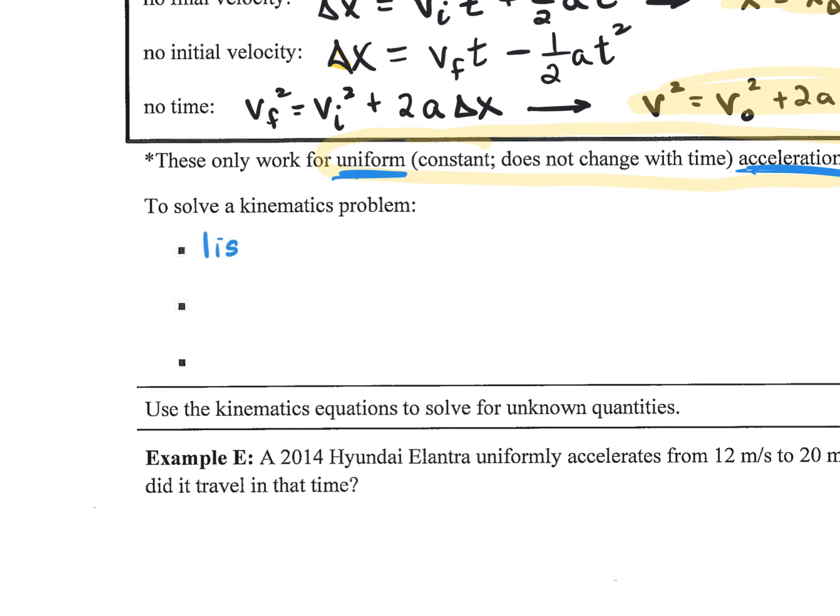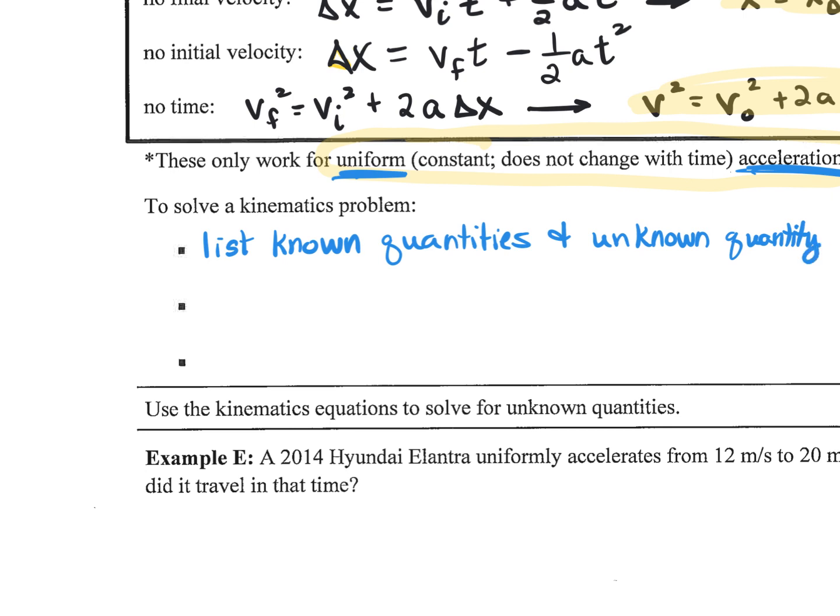You want to list your knowns. List your known quantities and your unknown quantities, right? Hopefully there's only one unknown quantity.